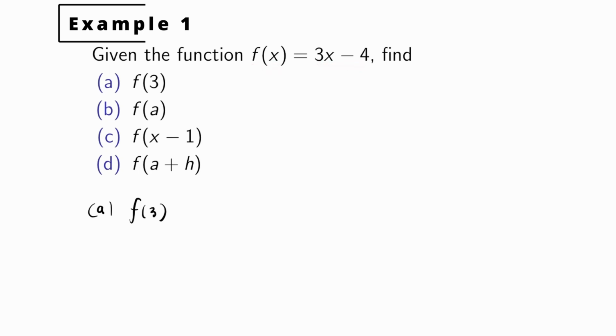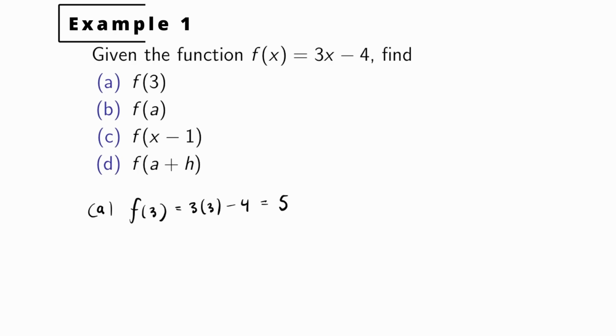It says you take the input variable x and multiply it by 3 and then subtract 4, and that will be the function value. So when we say f of 3, we take 3, multiply it by 3, and then subtract 4. So we get 3 times our input 3, and then subtract 4. That will be 9 minus 4, which is 5.